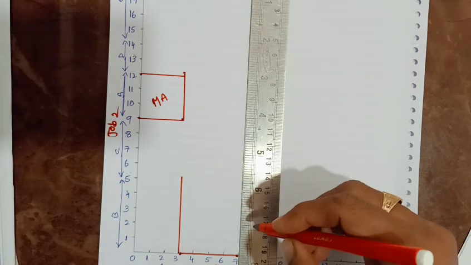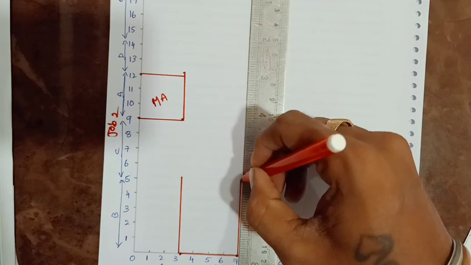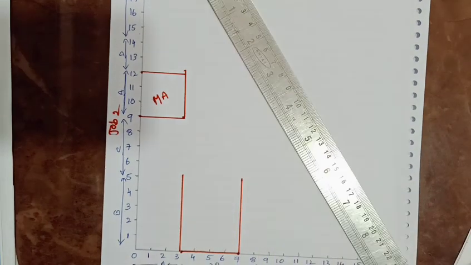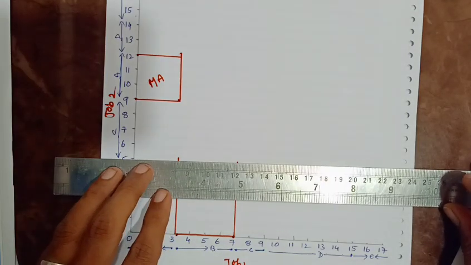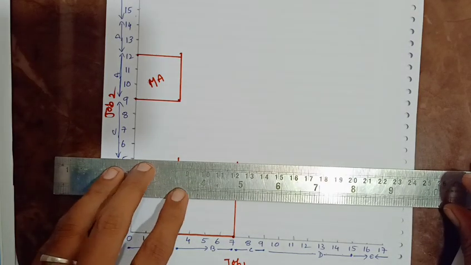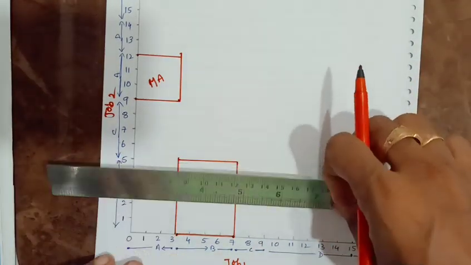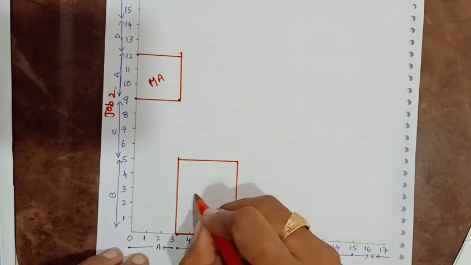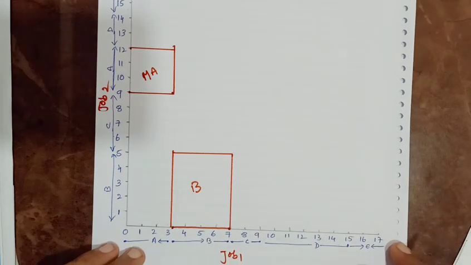On a graph you will get it perfectly, but as I am doing it manually a few points may differ. When you do it graphically it comes out perfectly. So this can be considered as sequence B or machine B.